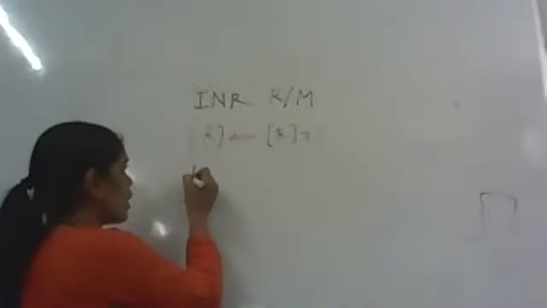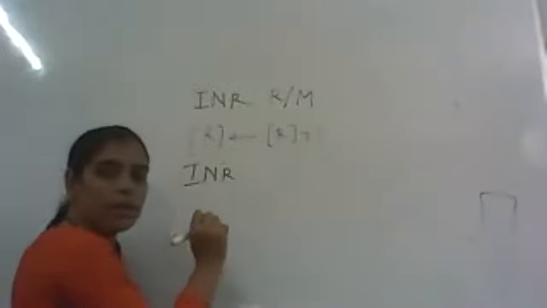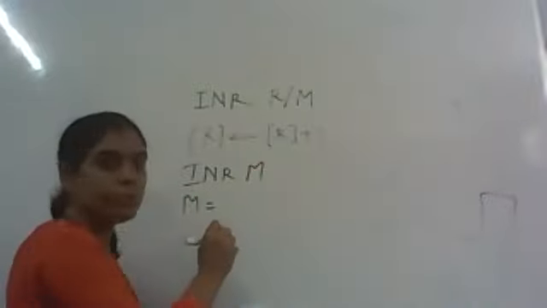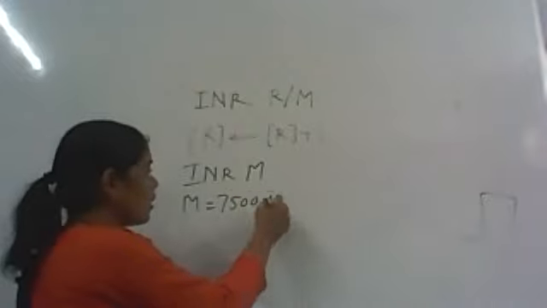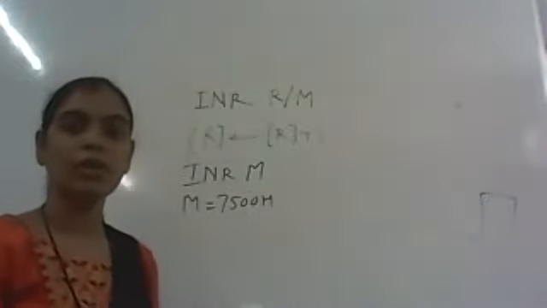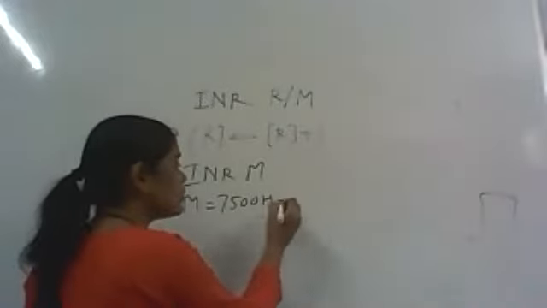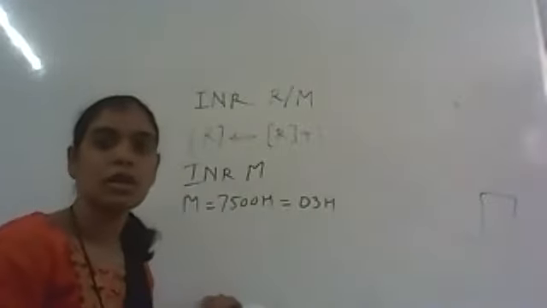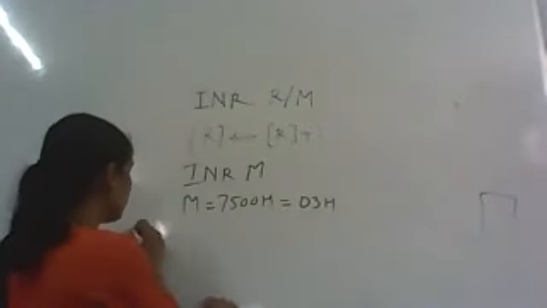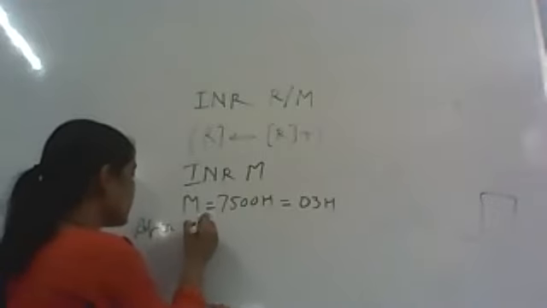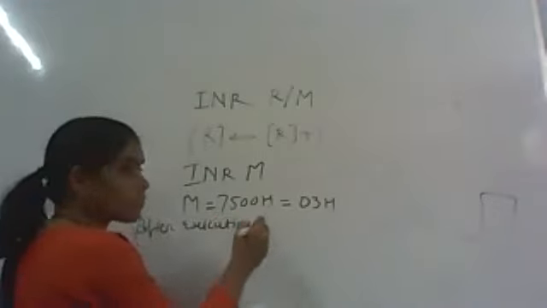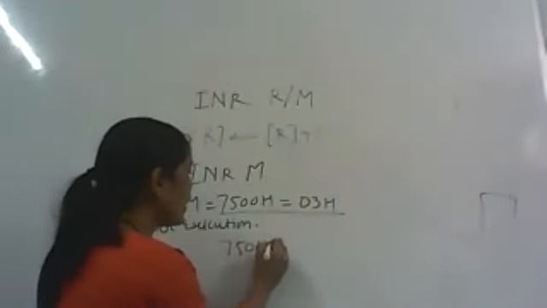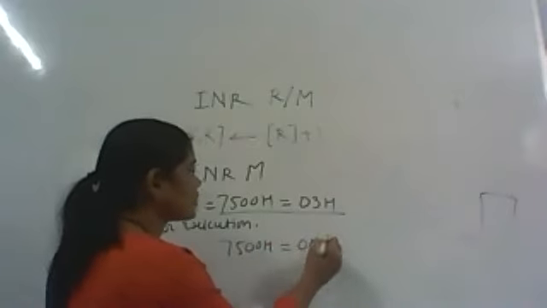If INR uses M, and M equals 7500 hex, and the value at 7500 hex contains 03 hex, then after execution 7500 hex contains 04 hex.